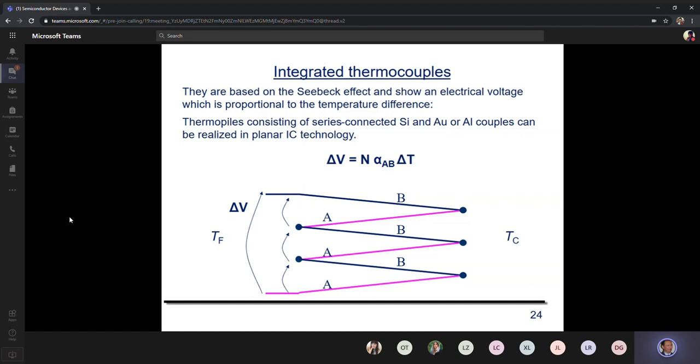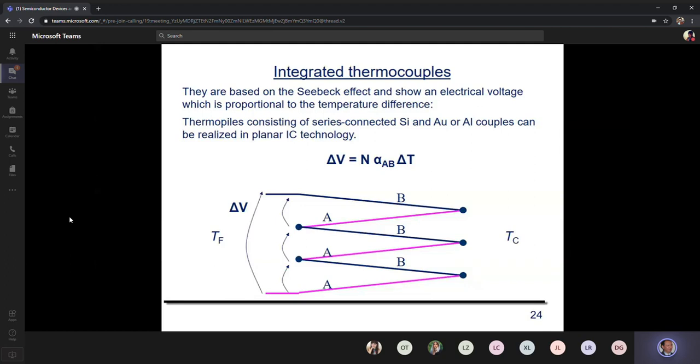Okay. So if you look at the figure, assume that the pink lines are uniform pieces of silicon, and those are called A, okay? And instead, the blue lines are uniform pieces of aluminum, okay? And they are alternating, and they are connected together in the positions that are indicated by the dots.